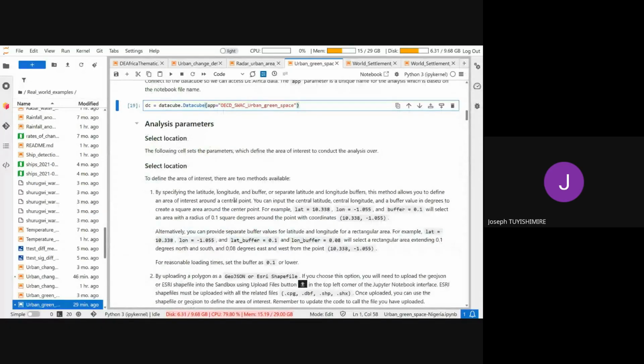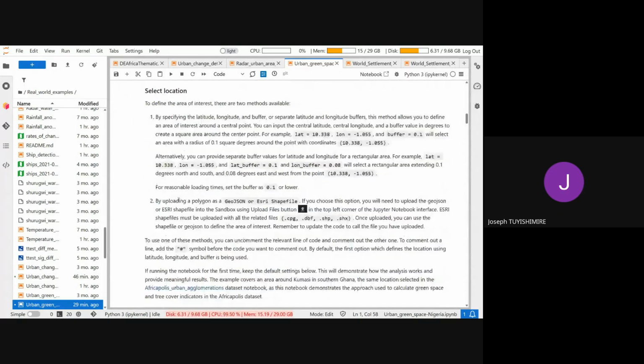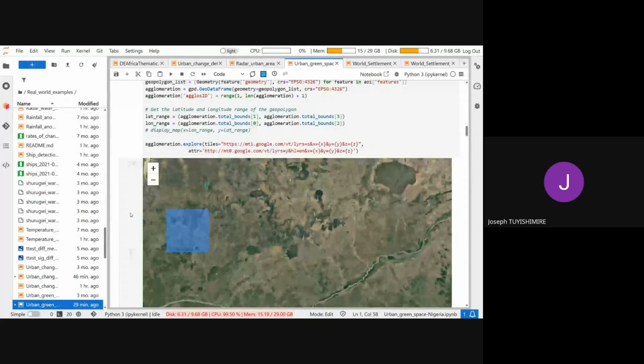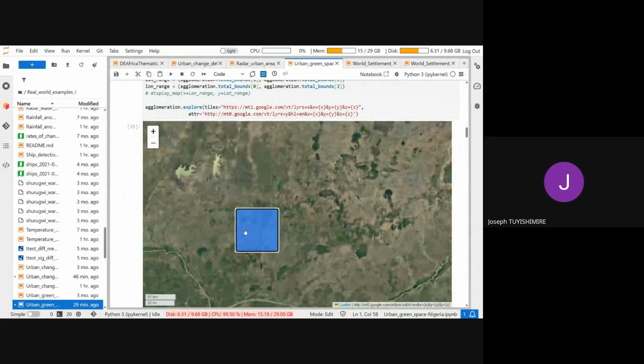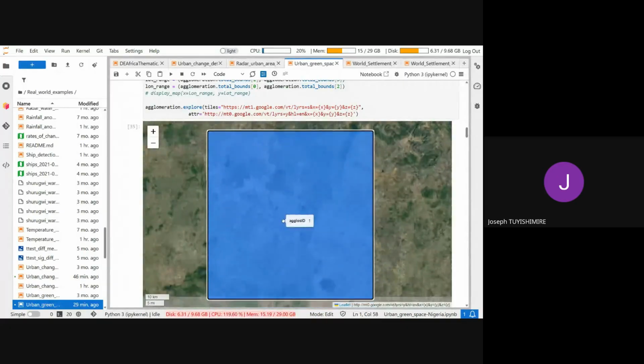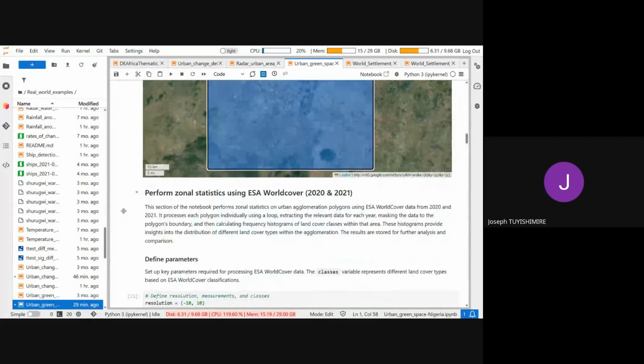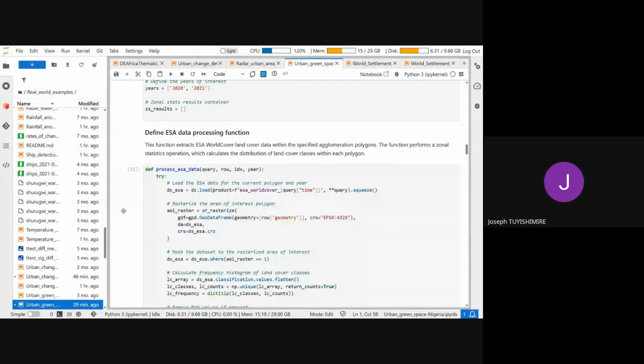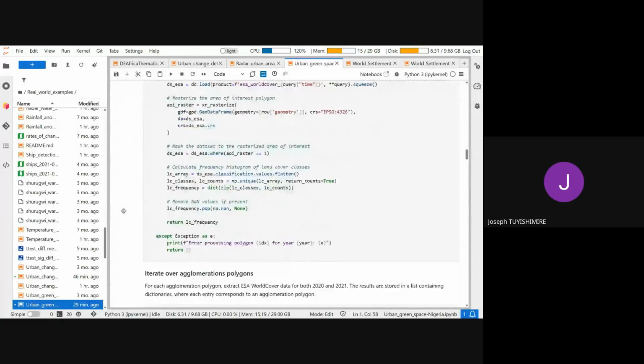And this urban green space notebook, of course, specifies a study area. I specified Abuja, and then we did general statistics using the ESA land cover map. Then we proceed with the dataset.